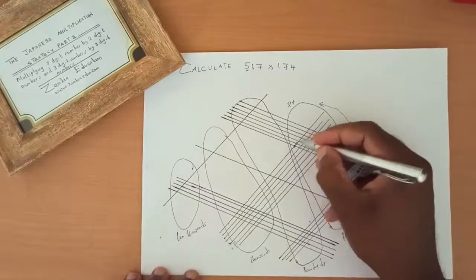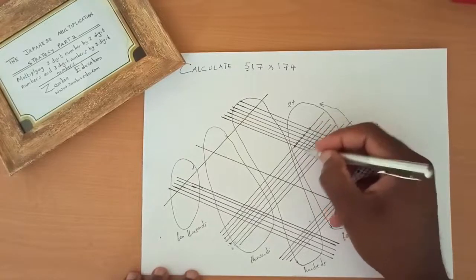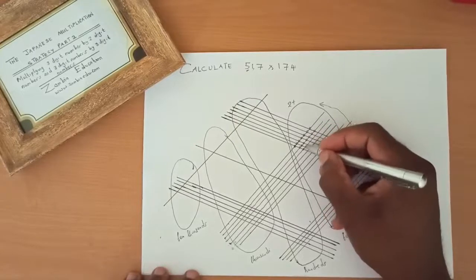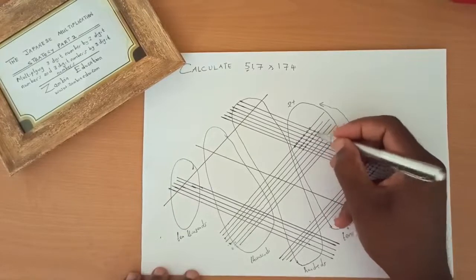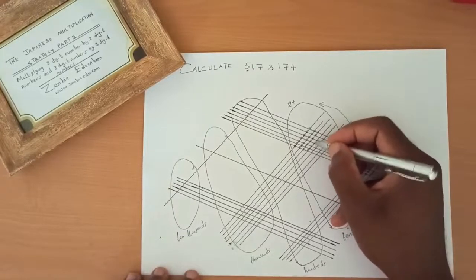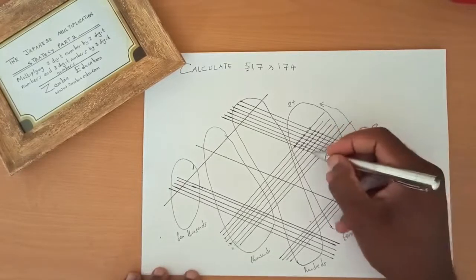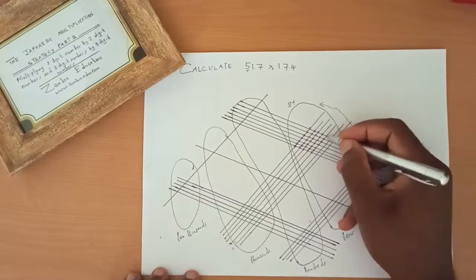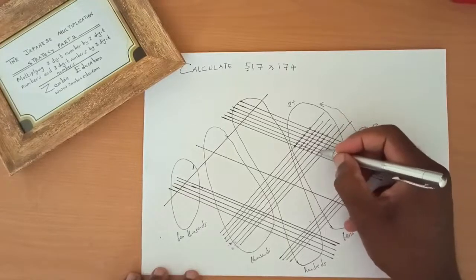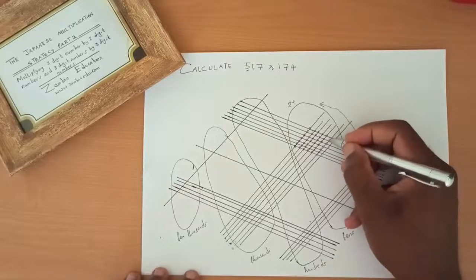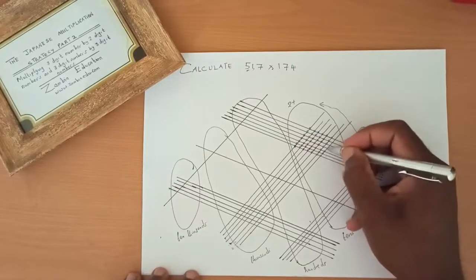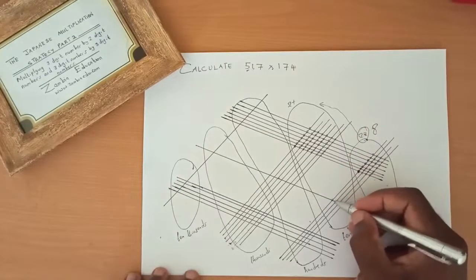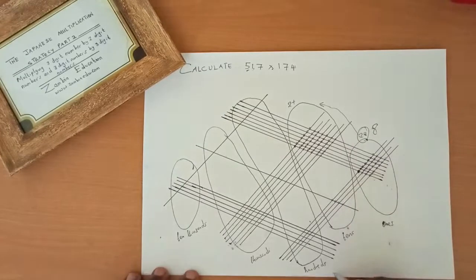So we begin 1, 2, 3, 4, 5, 6, 7, 8, 9, 10, 11, 12, 13, 14, 15, 16, 17, 18, 19, 20, 21, 22, 23, 24, 25, 26, 27, 28, 29, 30, 31, 32, 33, 34, 35, 36, 37, 38, 39, 40, 41, 42, 43, 44, 45, 46, 47, 48, 49, 50, 51, 52, 53.